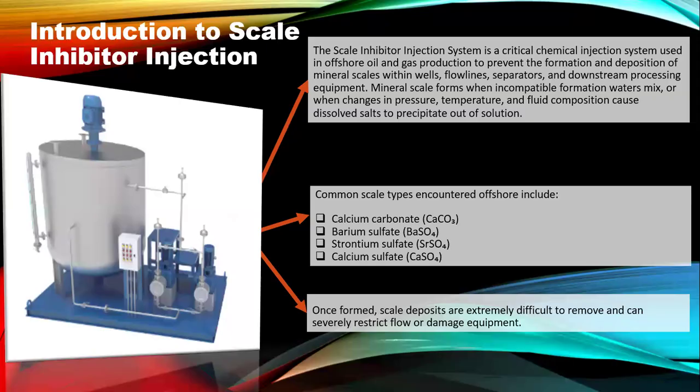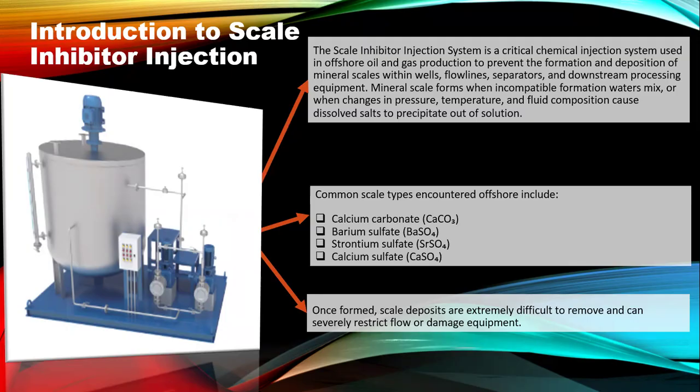So the scale inhibitor system is a critical chemical injection system used in offshore oil and gas to prevent formation and deposition of mineral scales within the wells, flow lines, separators, and downstream processing equipment. Now, mineral scales form when incompatible formation water mixes, or when changes in pressure, temperature, and fluid composition cause dissolved salts to precipitate out of solution.